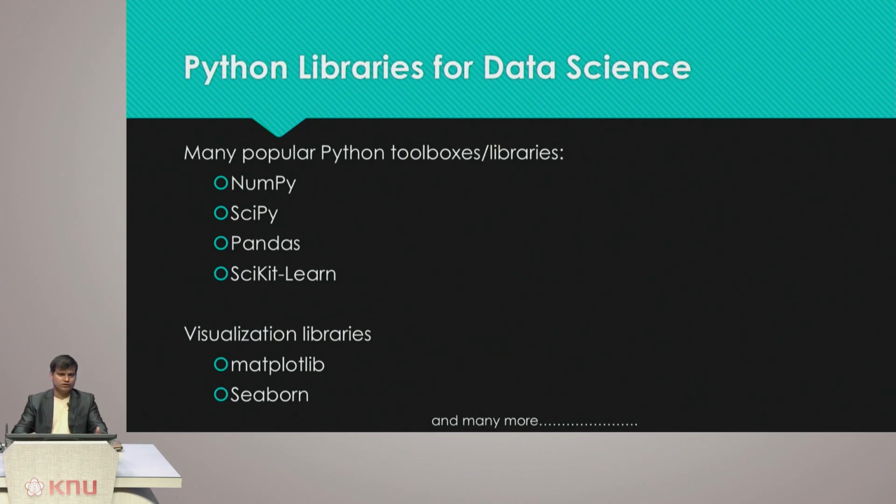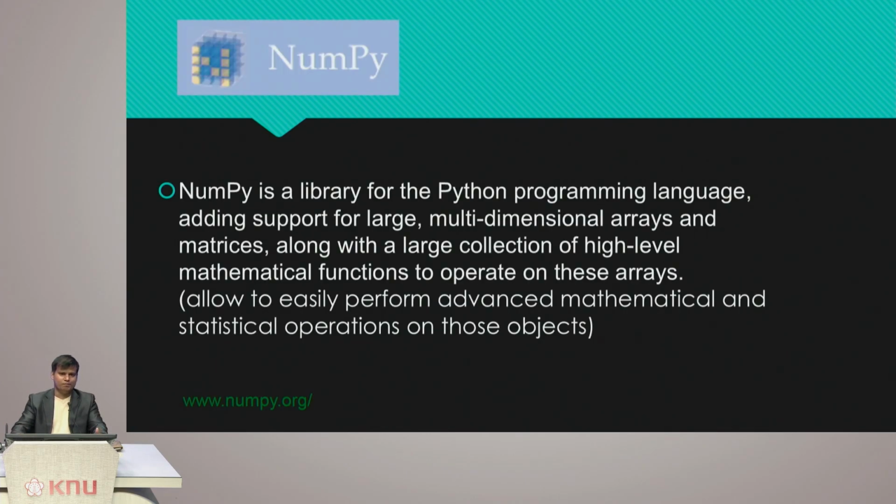The first one is NumPy. NumPy is a library for the Python programming language, and it gives us full freedom of using many advanced mathematical and statistical operations on objects, like for example high dimensional arrays, matrices, or a large collection of mathematical functions to operate on the arrays.